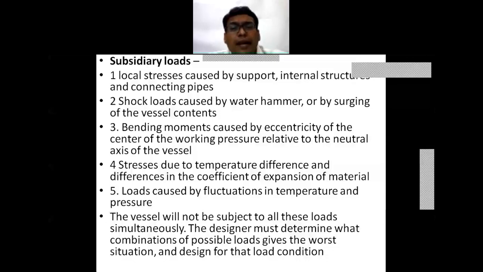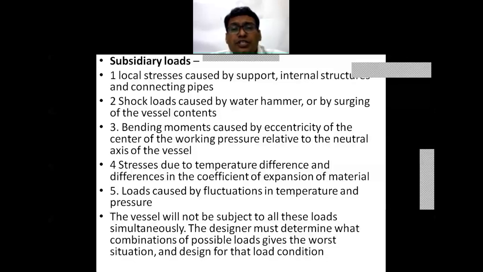Then the bending moment caused by the eccentricity of the center of the working pressure relative to the neutral axis of the vessel. So bending moment and torsional moment will be caused on the vessel. If it's a rotating shaft, then torsion comes into the picture, and bending moment will be caused by the different attachments, which form a non-uniformity in the balance of that vessel.